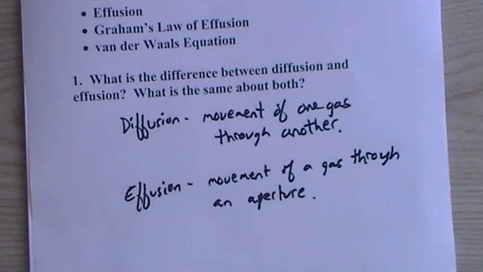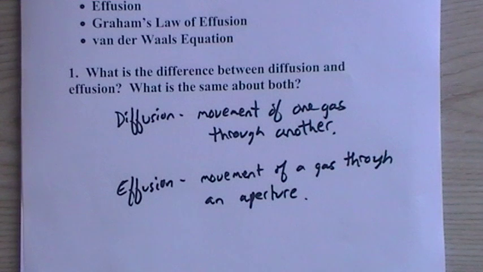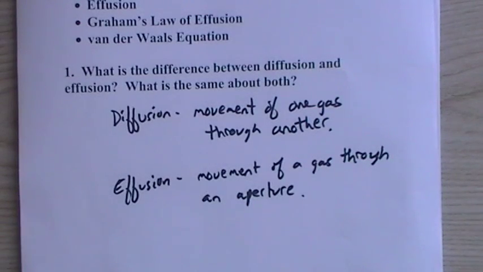Again, it seems like an odd definition to worry about, but the effusion of gases through small holes like that allows us to separate out gases by their mass, and it is also something we need to think about when considering leaks in systems, or when you're trying to remove one gas from another. Effusion comes into play, so it's important.